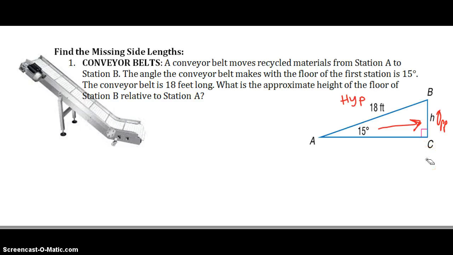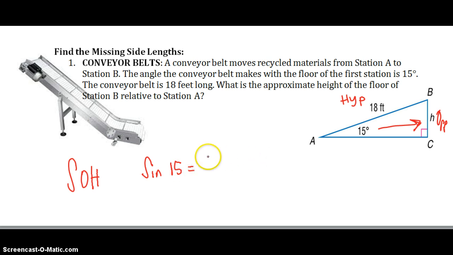The number 1 question I'm going to hear you ask is, how do you know whether to use sine, cosine, or tangent? For this problem, they asked us to find the height, h, and they gave us the 15 degrees. So the two things that I know is 15 degrees and hypotenuse, and the one thing I'm looking for is opposite. So opposite and hypotenuse goes with sine, so I'm going to be using the sine of 15 degrees.